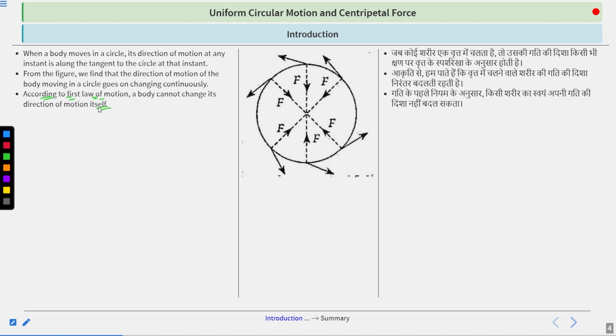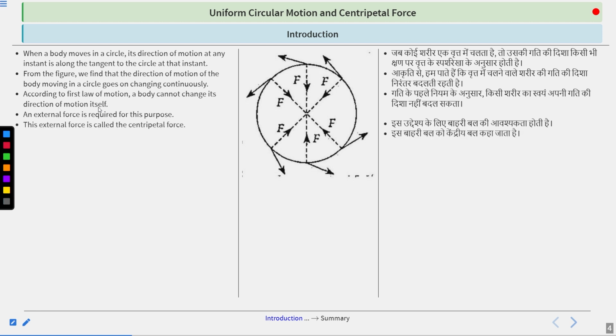An external force is required for this purpose. This external force is often called the centripetal force. So the centripetal force is the force that helps the body change its direction as it moves in this circular motion.